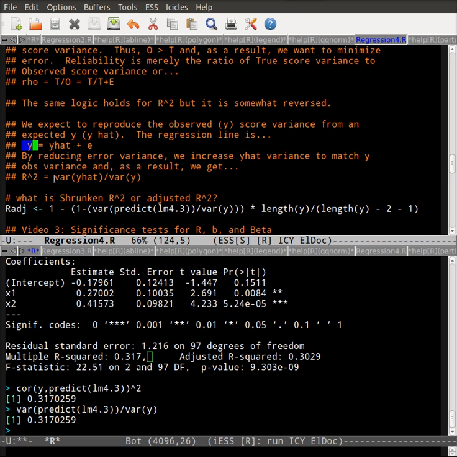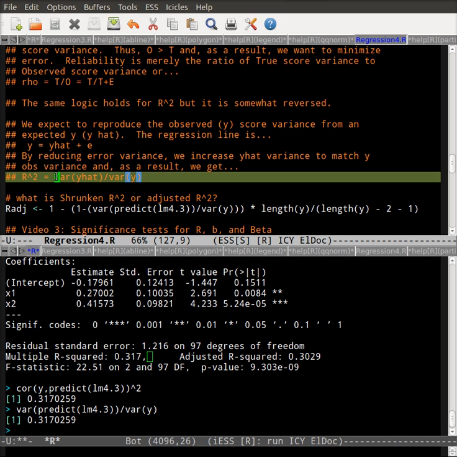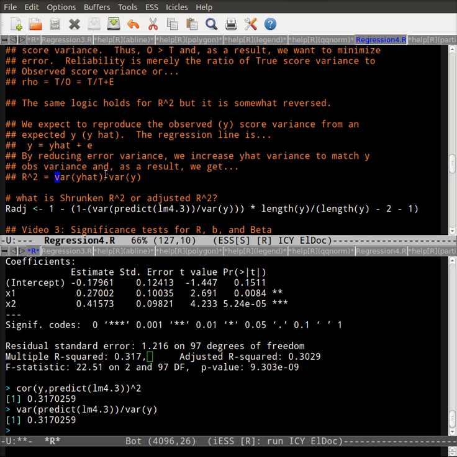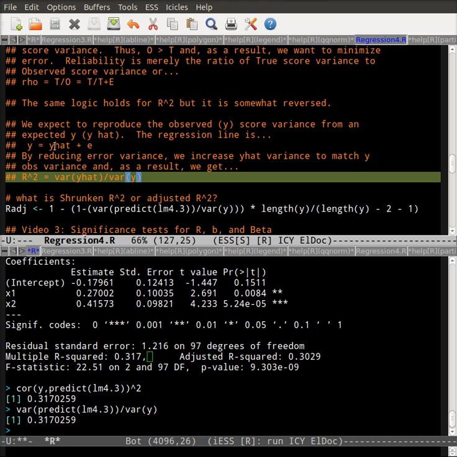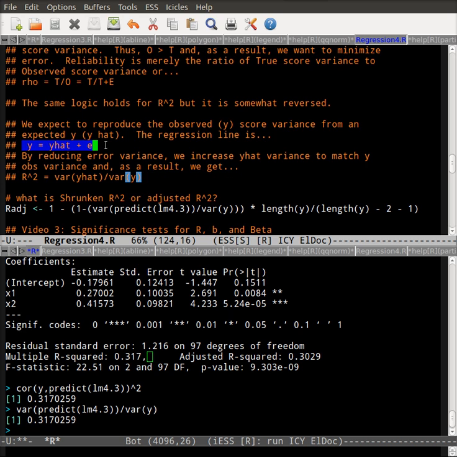So remember, the variance of y is going to be the variance of y hat plus the variance of the error, because that's in this equation here, right?